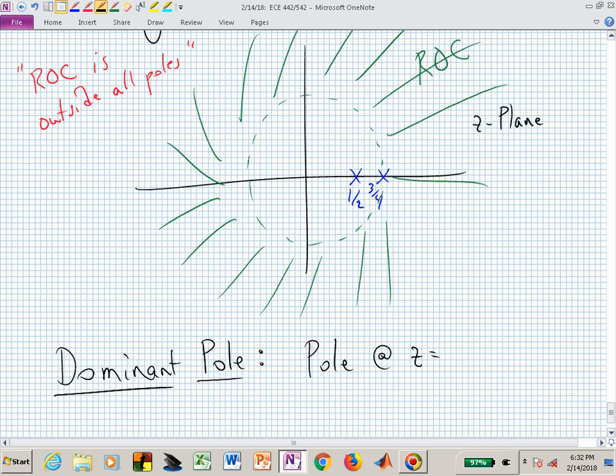It's the one closest to the unit circle, 1 in magnitude. If we had a pole at 2, would it make sense to be talking about a dominant pole?